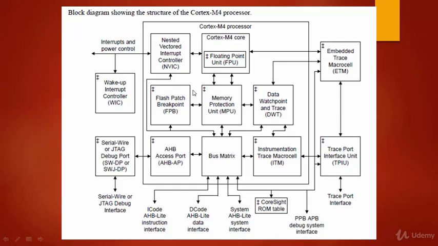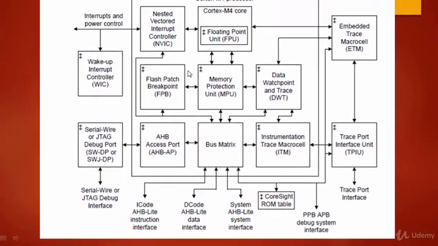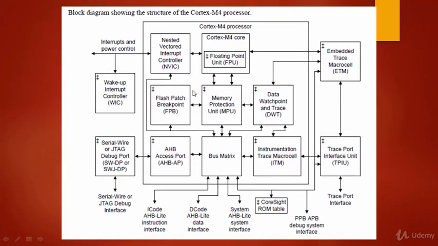Also note that the Cortex-M4 processor talks to the external world through various bus interfaces like the I-code bus interface, D-code bus interface, and the system bus interface, which we will study in detail later in this course. Now in the next lecture, let's see what the difference is between a processor and a microcontroller.